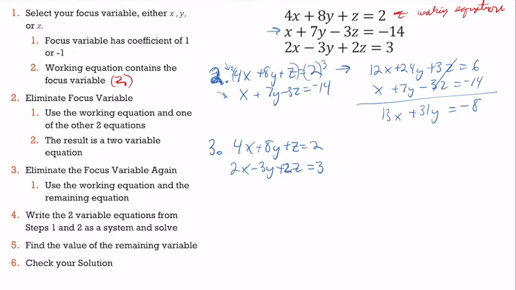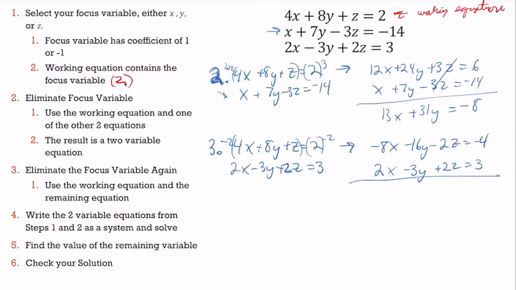Well, I'm going to multiply it by -2. This gives me negative 8x minus 16y minus 2z equals negative 4, and 2x minus 3y plus 2z equals 3. I'm going to go ahead and add it together.